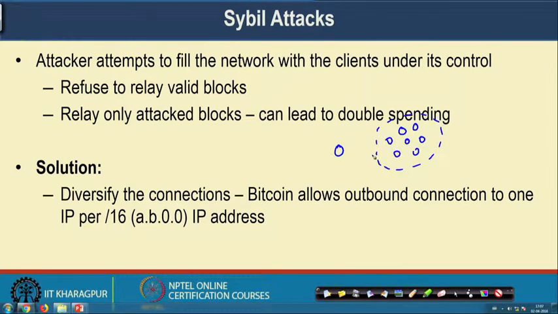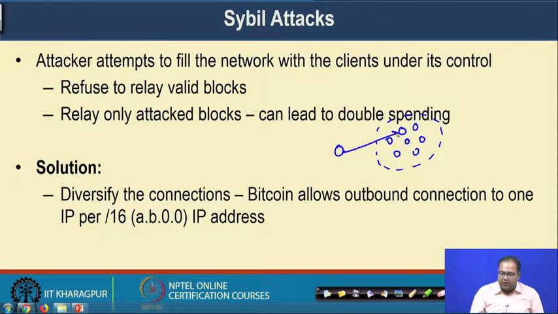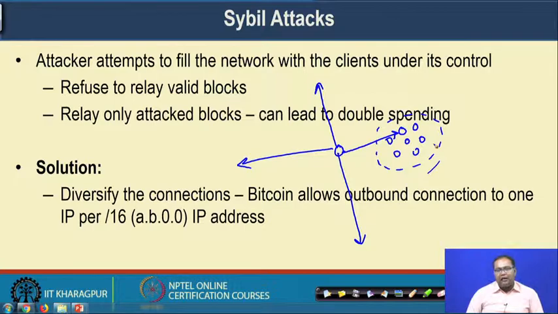In that case you make a connection to just one of the nodes in this cluster where you will forward the block, and then you can have multiple other peers where you can forward the block or the valid transaction. In that case, it will not happen that your peers are only attack nodes that are not collectively relaying your transaction. So, that way blockchain makes the Sybil attack hard to implement on a distributed network.